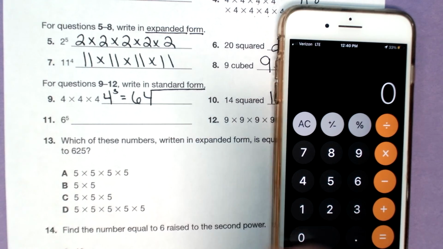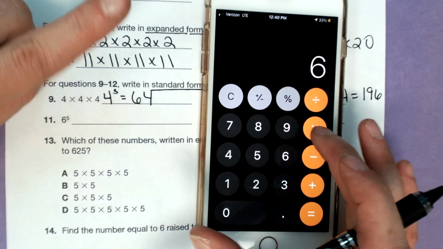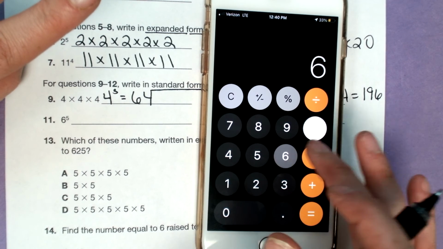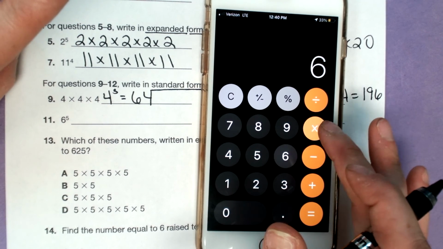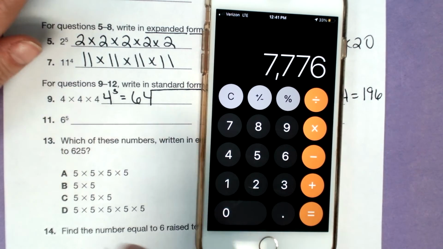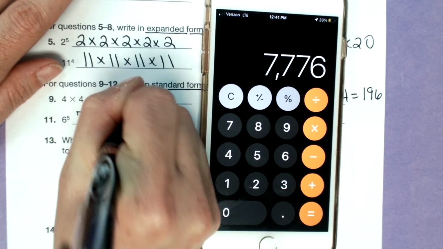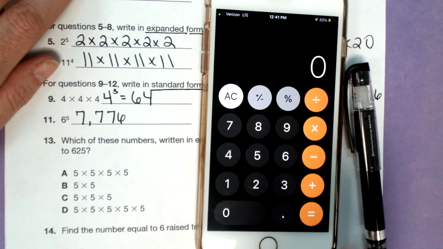The next one is 6 to the power of 5. So we're going to do 6. I'm going to count them because I'll forget. 6, 6, 6, 6, 6. So that's 5 times. Now, I always do exponents twice in the calculator just in case I mess up.